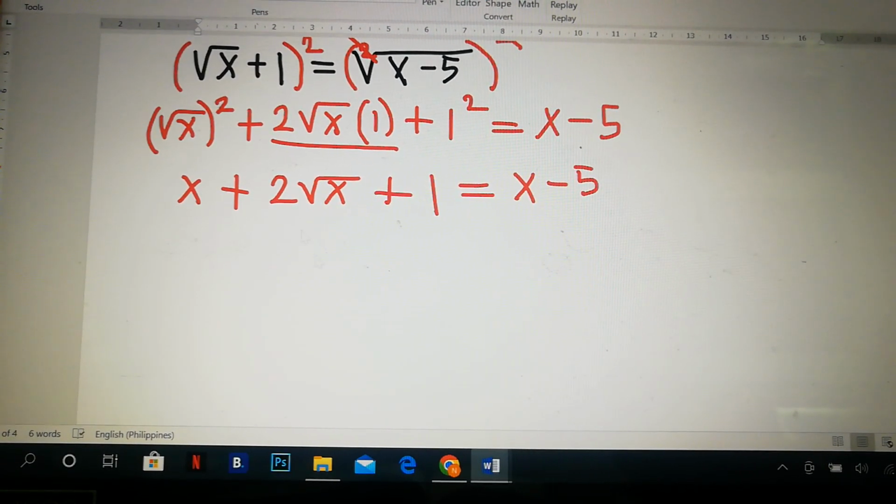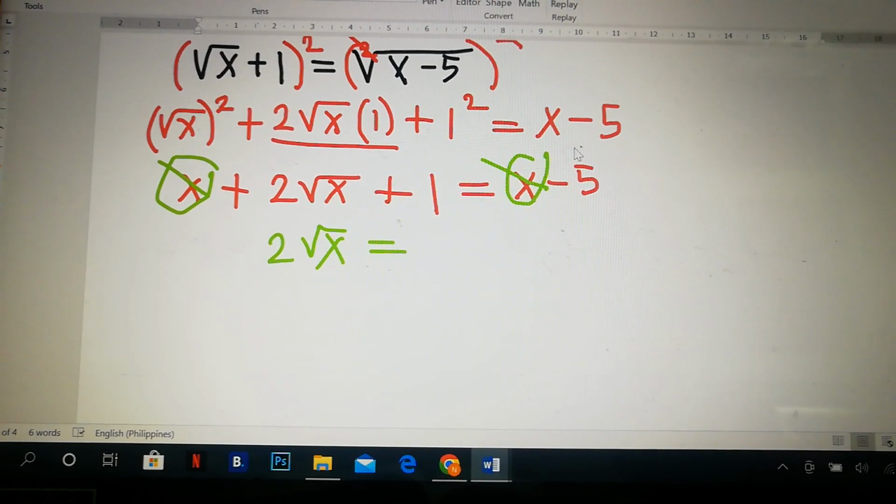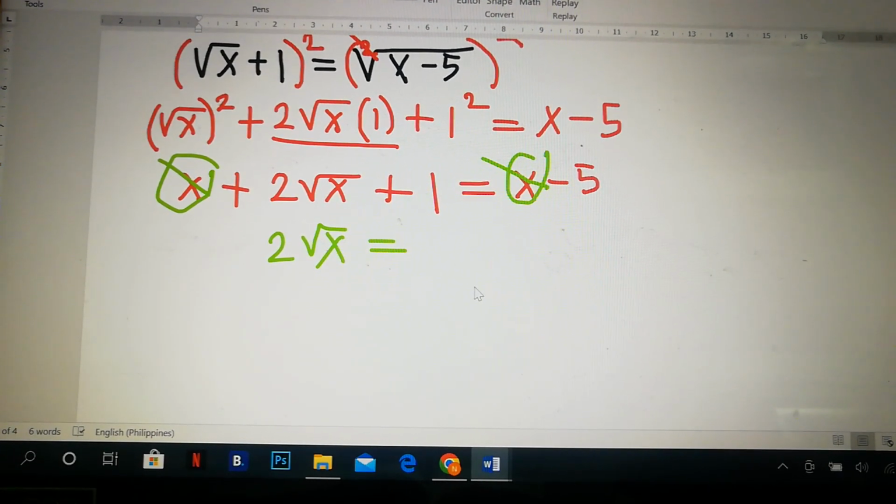Okay, so that is now equal to 2 square root of x. So you retain this expression on the left side. So x and x from left and right, you may cancel these two. Since if you transpose this x to the right side, that becomes x minus x, which is equal to 0.